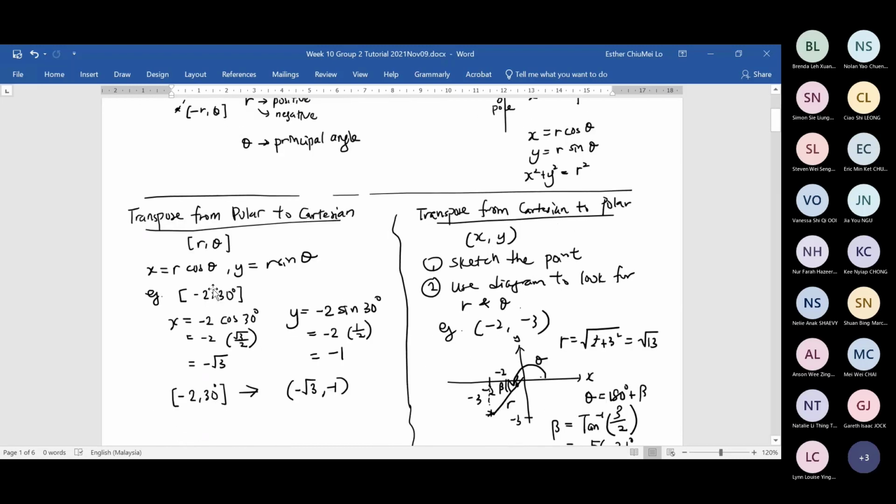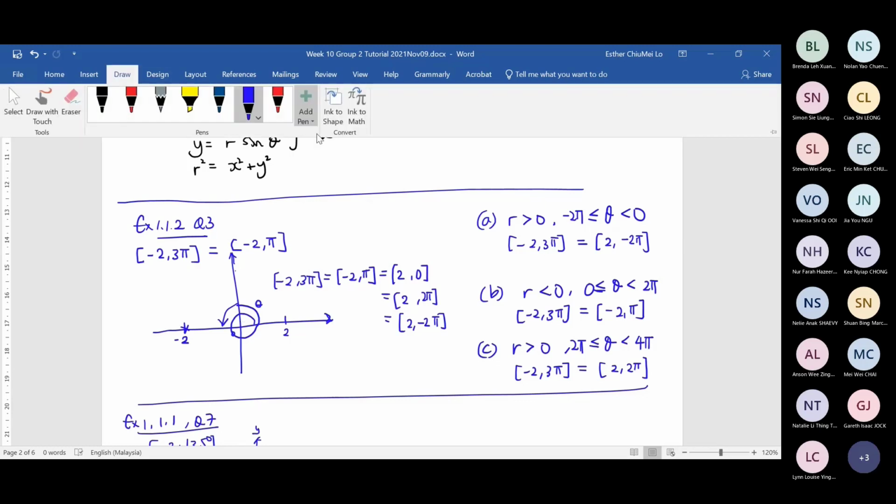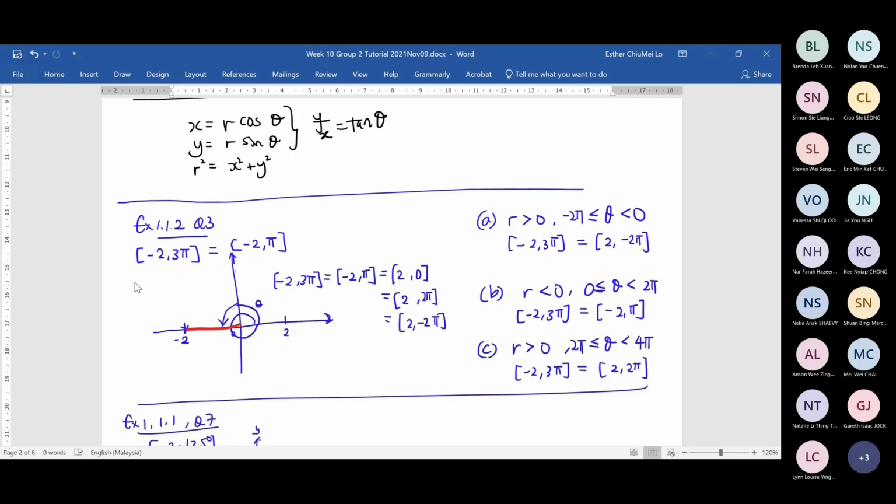Just like back to our question just now, 112 question 3 here. Although we know this is -2, we want the angle, so we have to get the +2 here first. So we start from here to get the angle to theta.